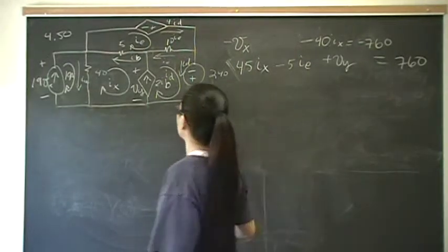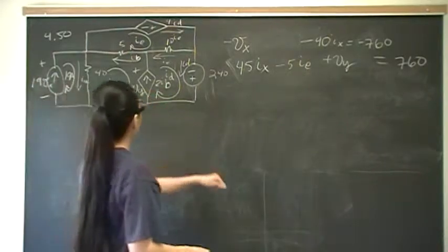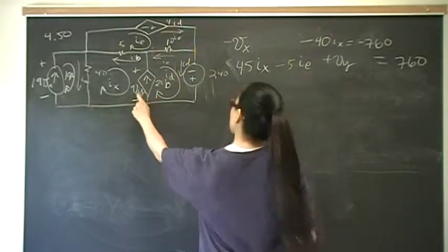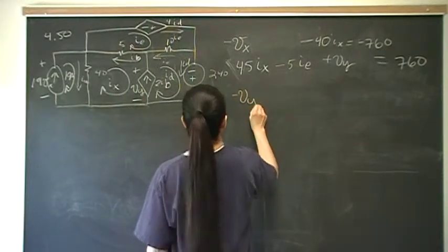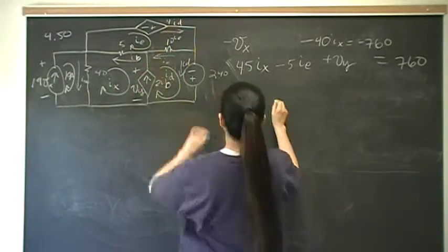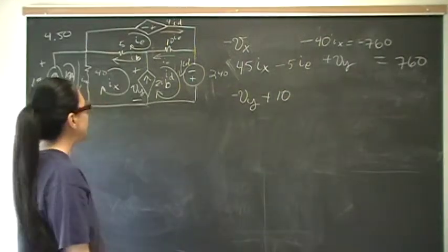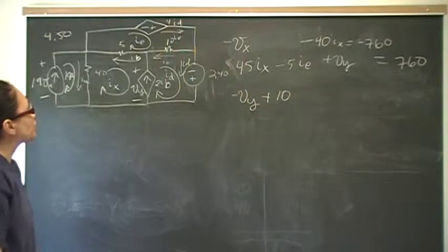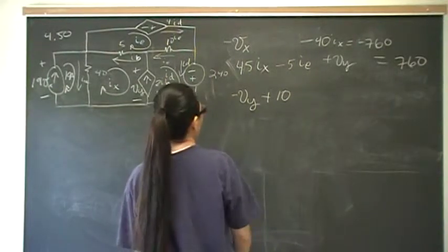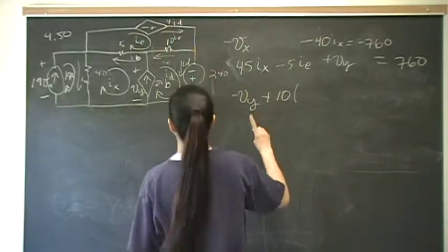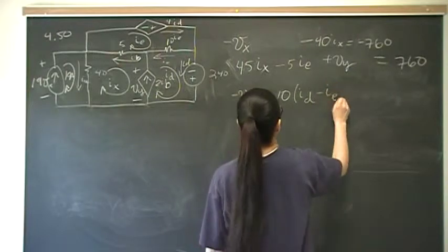Now let's do mesh at ID. So now we're going to start on this side, and the current's entering the negative terminal, so we got negative Vy plus the next voltage drop across the 10 ohm resistor. So that's going to be V is equal to IR, the R is 10, the I is ID minus IE.